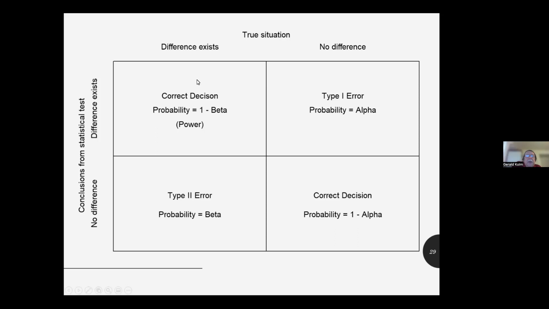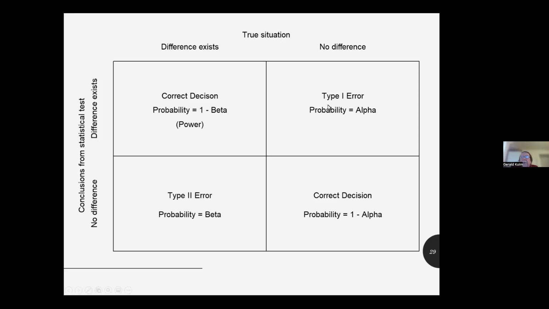Then this particular correct decision, where a difference exists based on our statistical test and there is a true difference in the population, has a probability of 1 minus beta, and this is referred to as the power of our statistical test. The beta error is really important in determining whether you've made a correct decision or not.